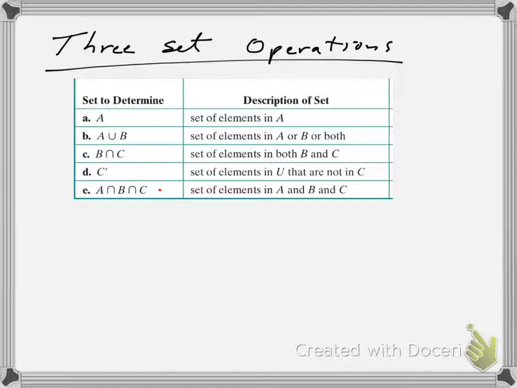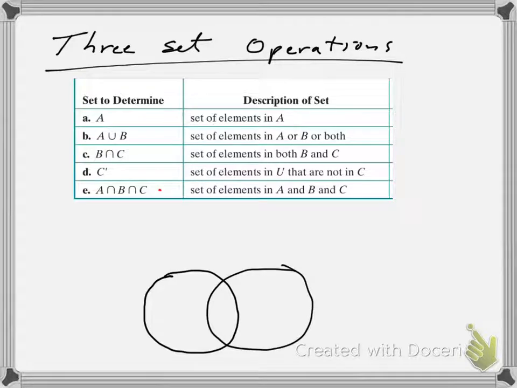So a picture I could draw of that one is now I'm going to have three sets intersecting. Potentially, maybe like this. Okay, where I have A, B, and C. This is a Venn diagram. This little region right here is the region where all three of them intersect.